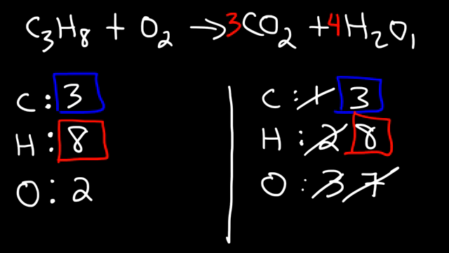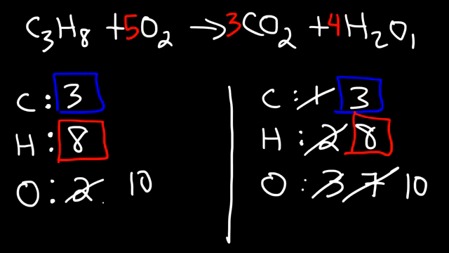And so if we add 6 plus 4, that will give us 10. So we now have 10 oxygen atoms on the right side. Now 10 divided by 2 is 5. So we need to put a 5 in front of O2 because 5 times 2 is 10.